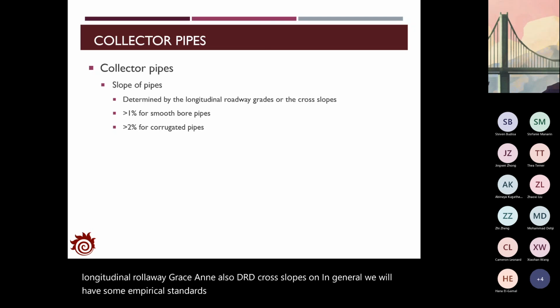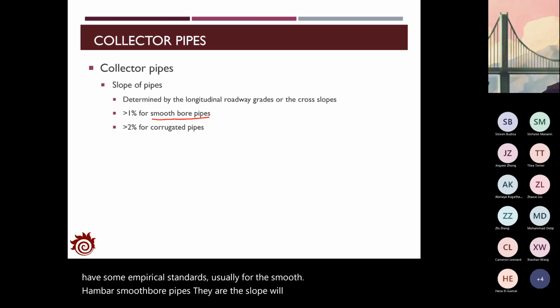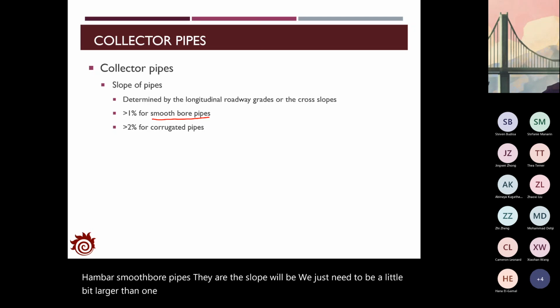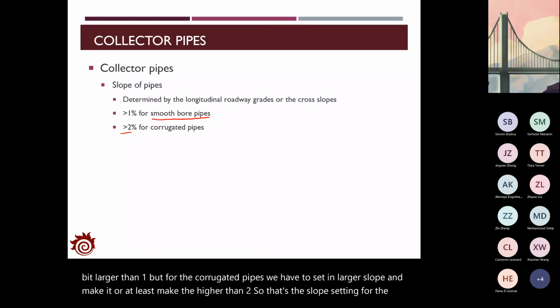Usually for the smooth bore pipes, the slope will just need to be a little bit larger than 1%. But for the corrugated pipes, we have to set a larger slope, at least higher than 2%. So that's the slope setting for the pipes.